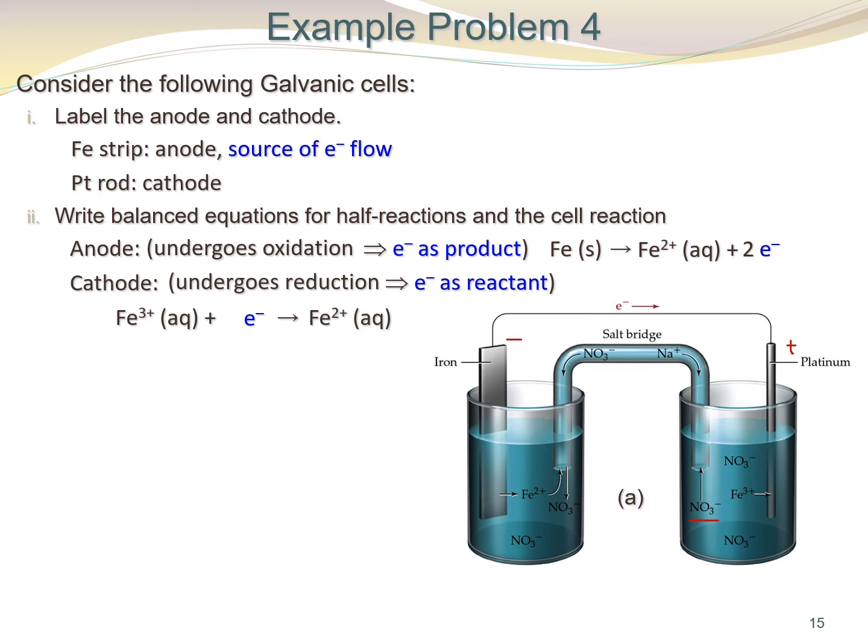Remember, any salt that has nitrate as the anion is soluble, according to what we learned in chapter 3, the solubility rules. That is the basis for us to write up this iron 2+. Iron 2 nitrate is soluble in the solution. We should be able to see iron 2+ in the solution, but we don't. That means iron 2+ is not the correct product for this half reaction.